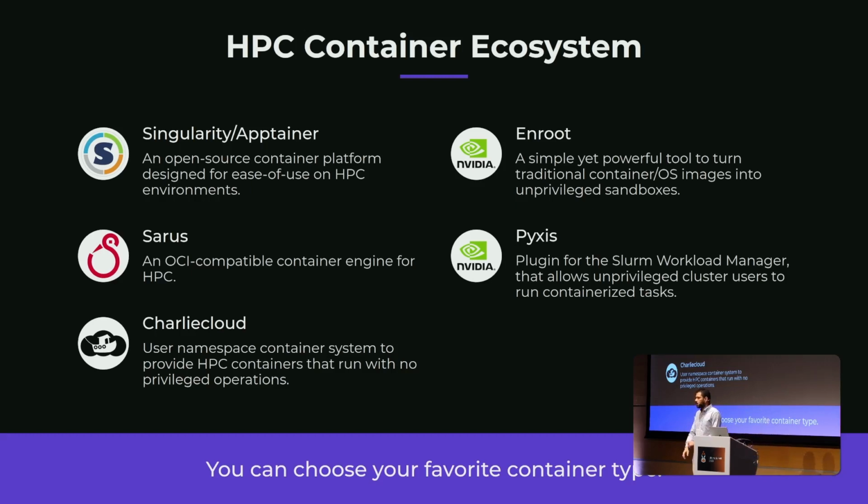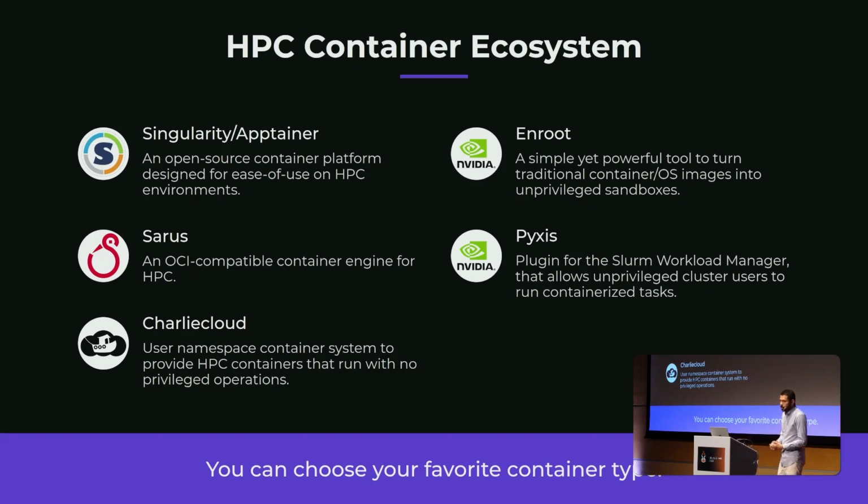So basically, the user inside the container is the same user as on the host, which is not true for Docker. For Docker, for example, I can be root in Docker and be just a regular user on the host, and that's why the privilege escalation issues come. But they have this idea of unprivileged execution.